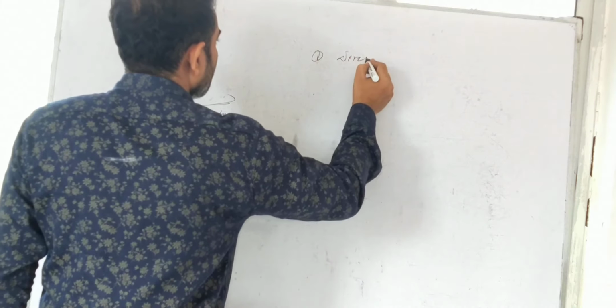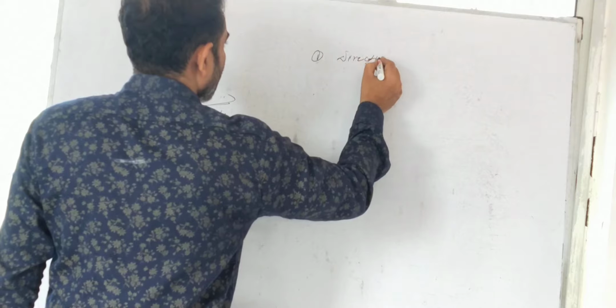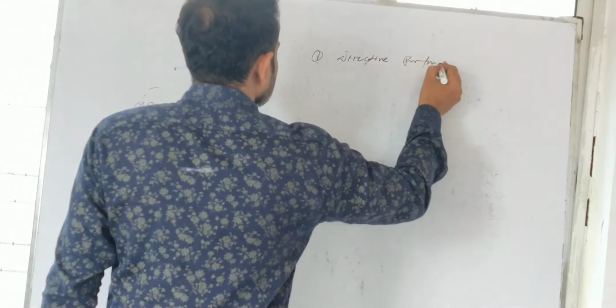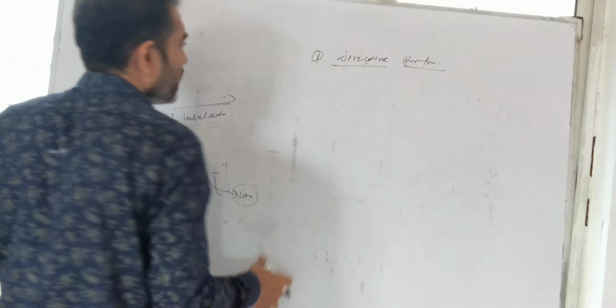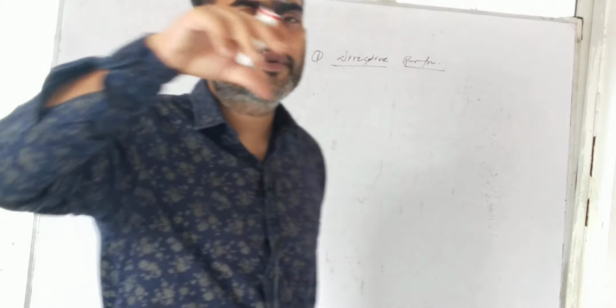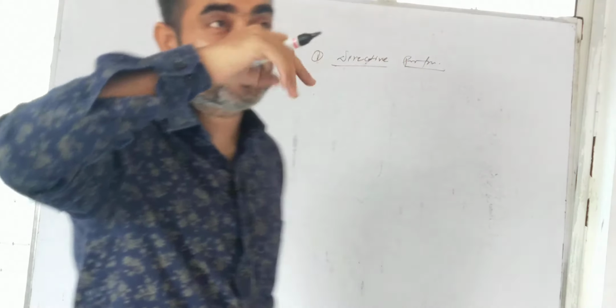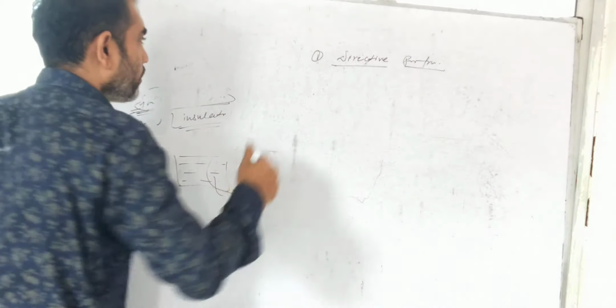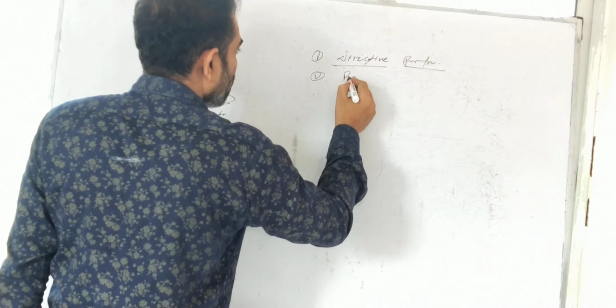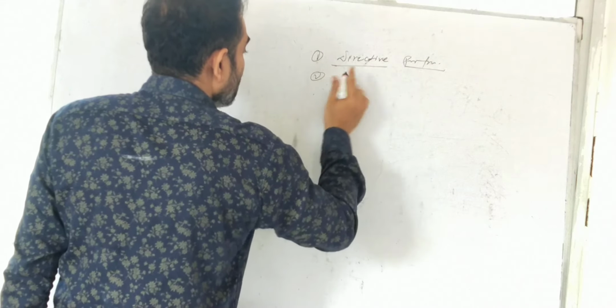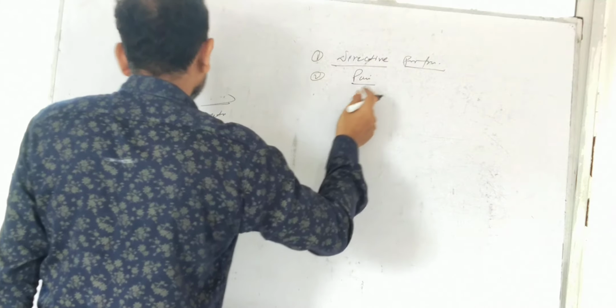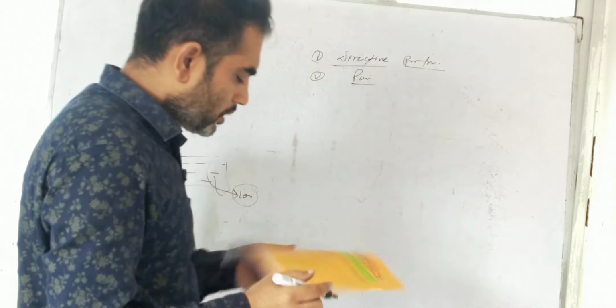In the case of a magnet we have certain qualities. First, the directive property. What is the directive property? Whenever a magnet is suspended freely, it always points in the north-south direction. Second, poles always exist in pairs. Suppose we have a magnet with a north and south pole.